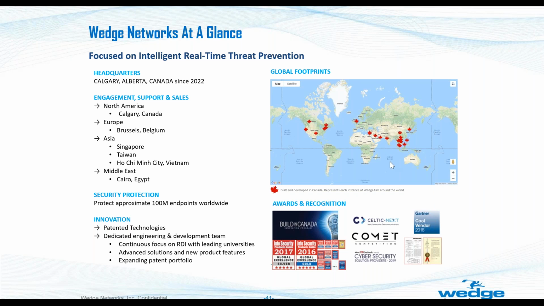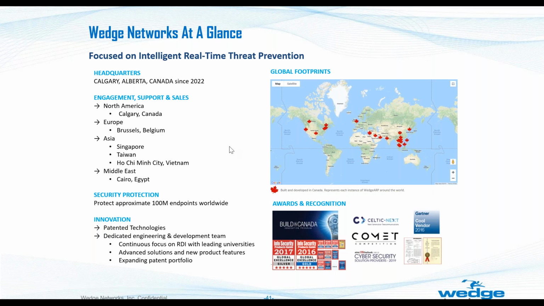We have sales and technical support teams in Belgium, Singapore, Vietnam, and Egypt. In Taiwan, our partner Edgecore provides Wedge products and solutions locally. Today, Wedge's security solutions have protected over 100 million endpoint devices in 25 regions worldwide.